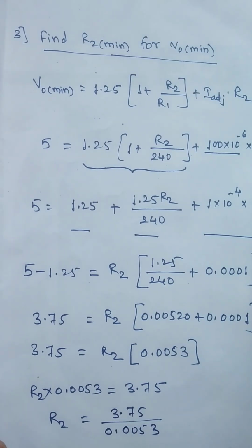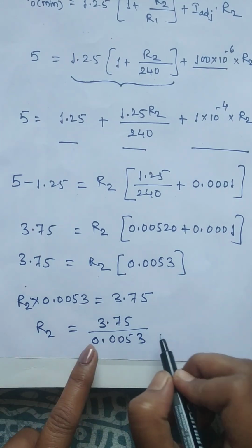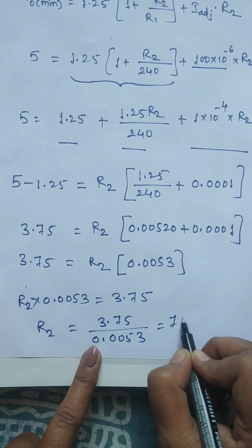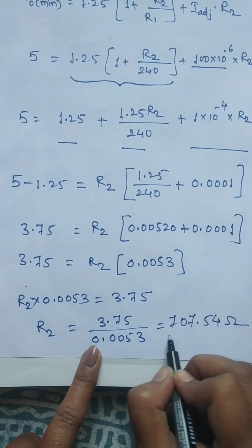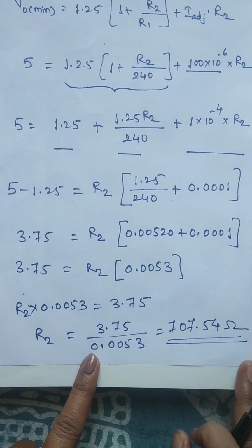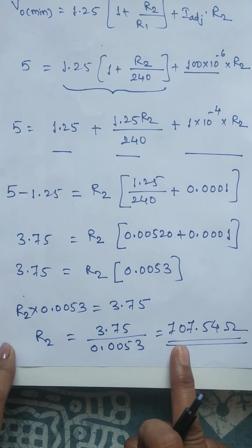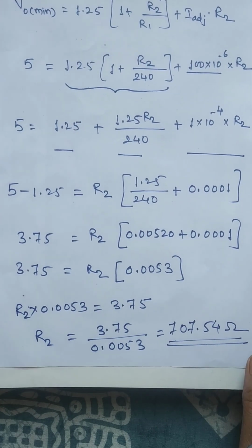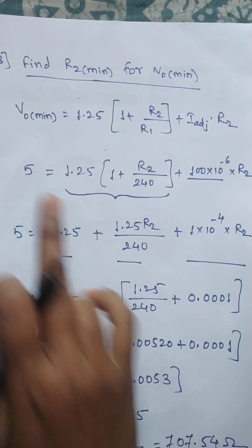And if you divide these 2 terms, you will get R2 is equal to 707.54 ohm. So R2 value should be kept at near about 708 ohm, so that we will get output voltage is equal to 5 volt.